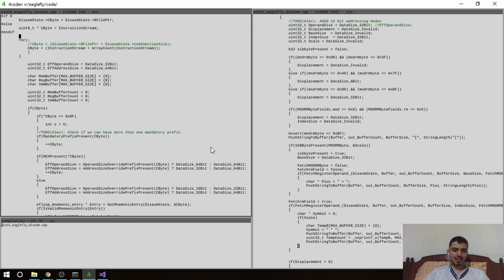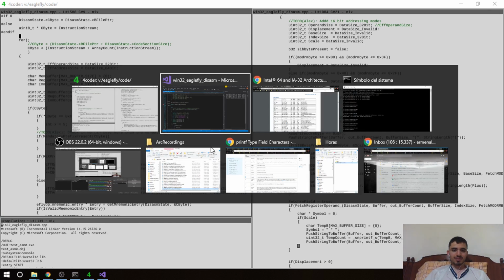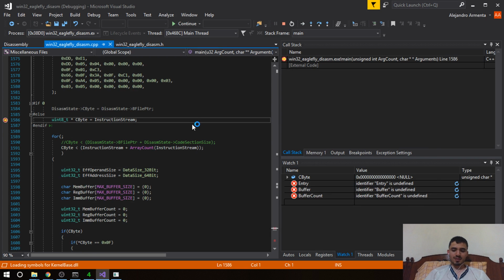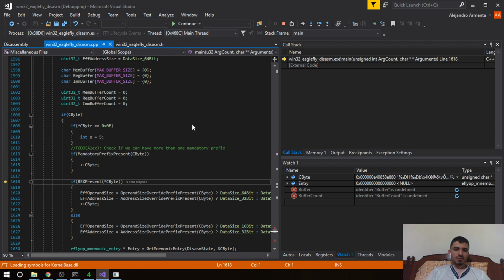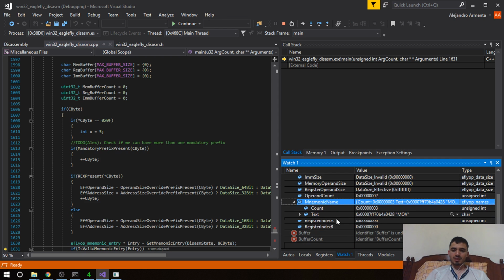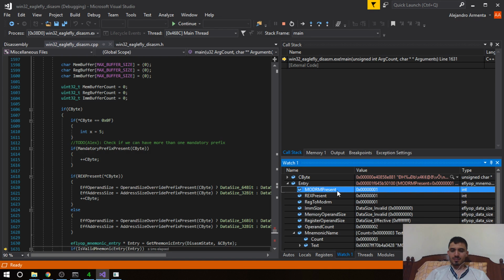And the first thing that I can see here is that if I run this, we're going to get a valid instruction, of course, because we're not going to have a REX, so everything is going to be 64/32. But if we go to the entry, we get a valid move instruction, and the reason, which if I show you, is that it's telling us that we have a REX present, which we don't have, of course, and pretty much the other things are the same, I guess.